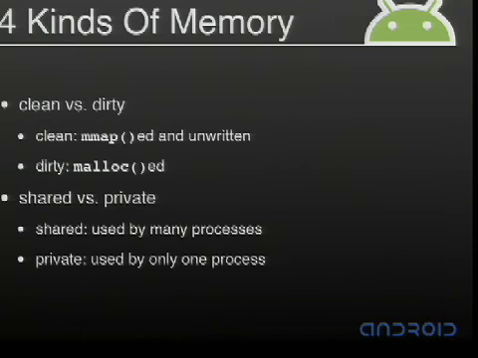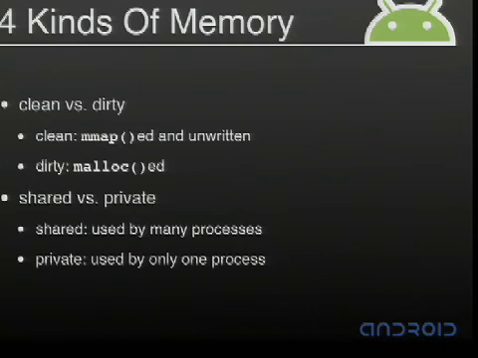And similarly, if it's backed by a file, you can map in those pages from the file again as you need to on demand. Shared versus private. Private memory is simply memory that is used only by one process, and shared memory is memory that's used by multiple processes. As I said, clean memory is ideal because the kernel can just eject those pages from RAM pretty much at will.